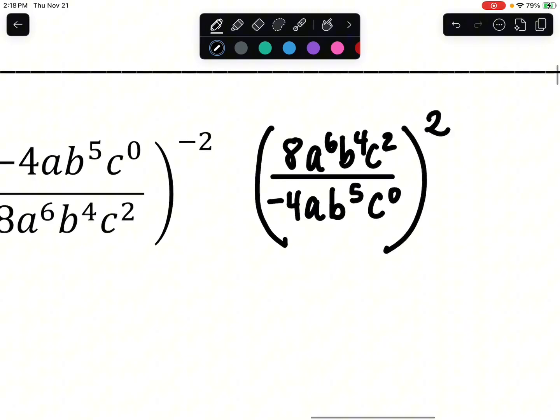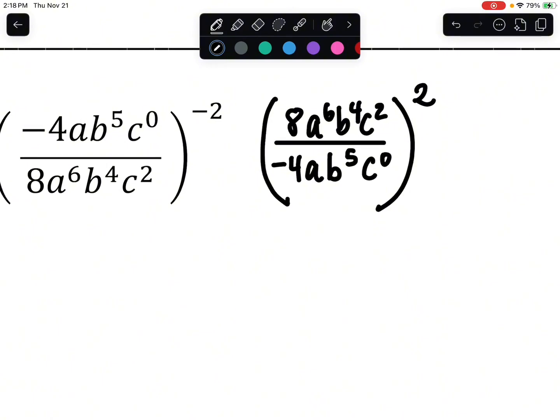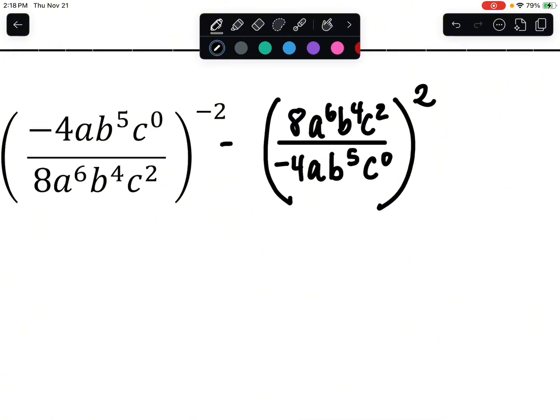And then from here, you could distribute the exponent of 2 to each term, but I think it would be easier to go ahead and simplify, in this case, simplify what's inside the parentheses. We know 8 over negative 4 is just negative 2.